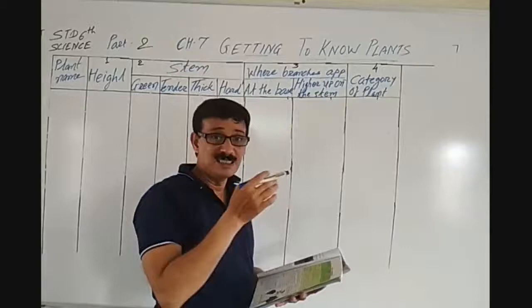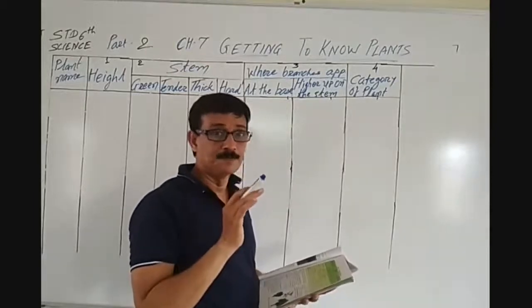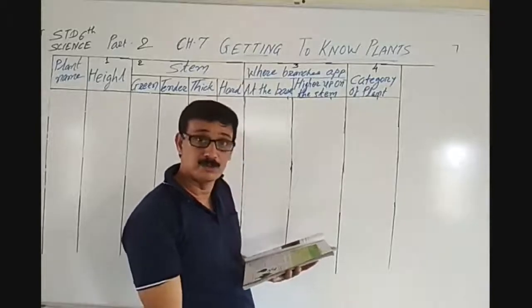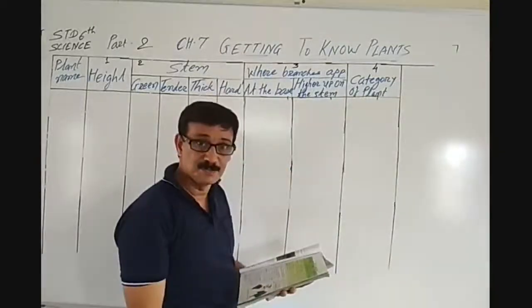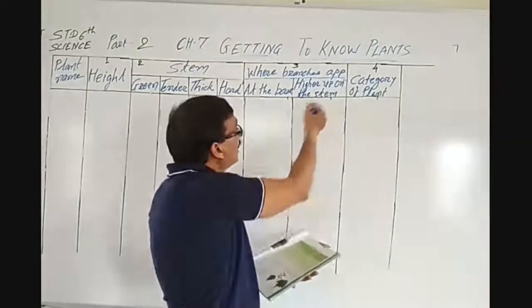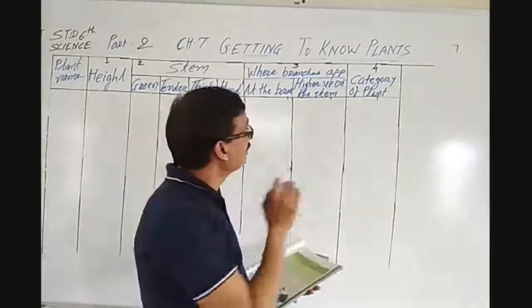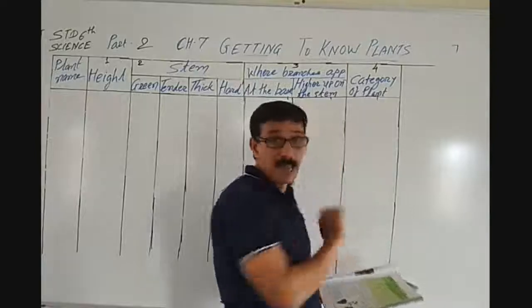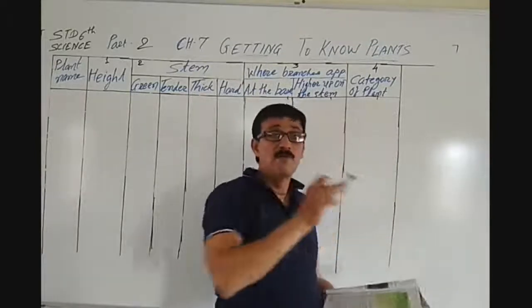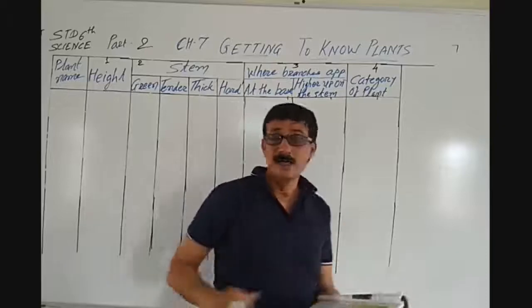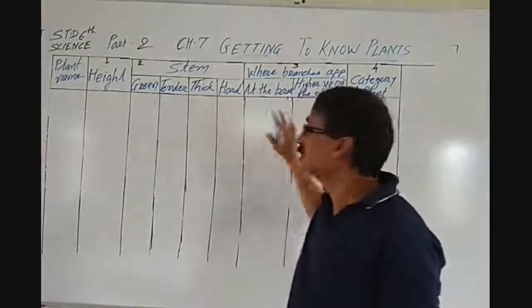Whether at the base near the soil, or higher up on the stem. And in the last one, category of plant. This column we will fill after discussion. But for now we will fill these columns.